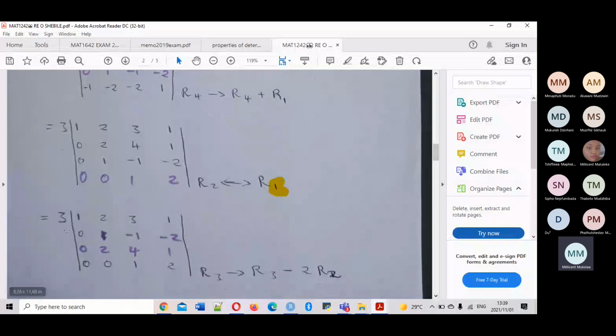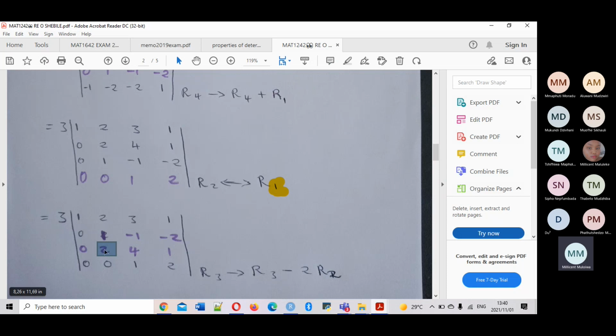After swapping, you are going to have this. So now, we want to make this one to be 0. What do we do? We're going to say row 3 is given by row 3 minus 2 times row 2, so that when we multiply this by the 2, it gives us 2.